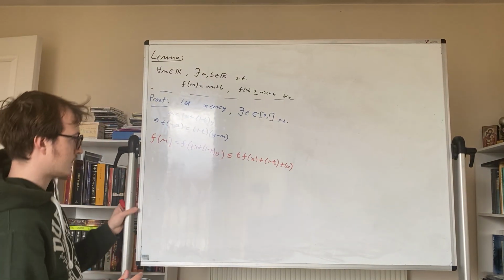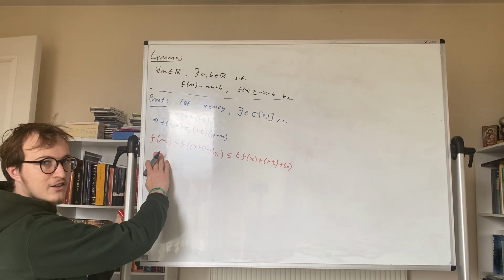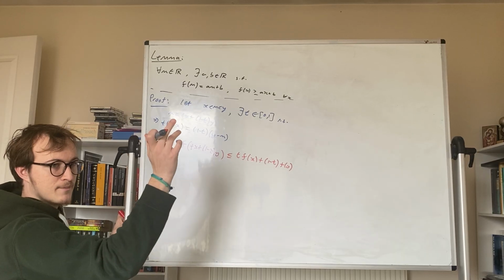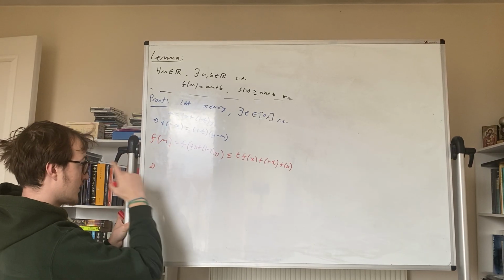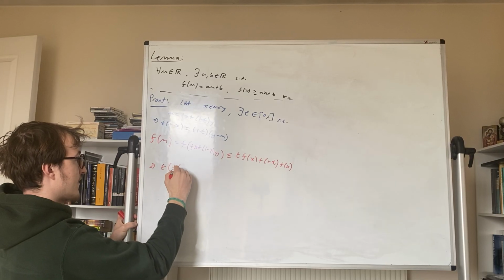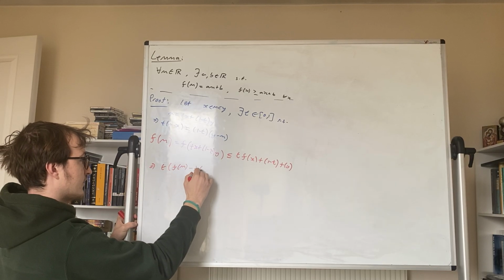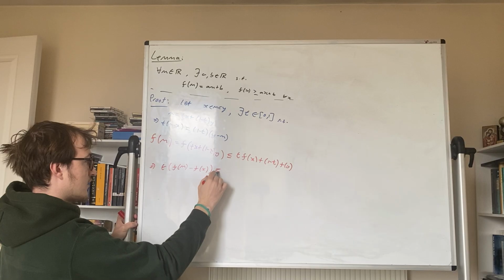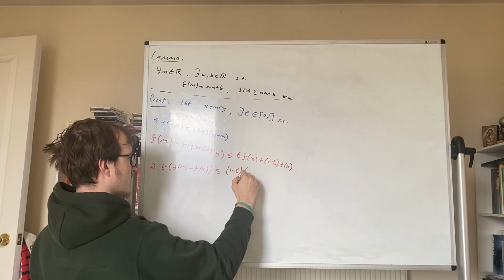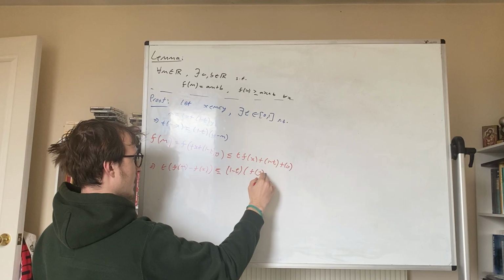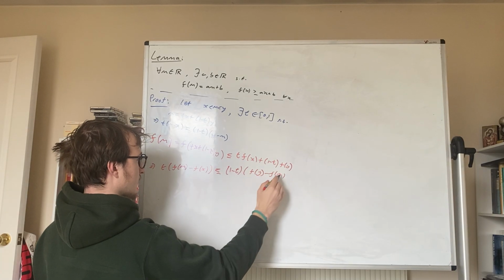Now, if we do a similar trick of writing f of m as t f of m plus 1 minus t f of m, then this implies that t times f of m minus f of x is less than or equal to 1 minus t times f of y minus f of m.